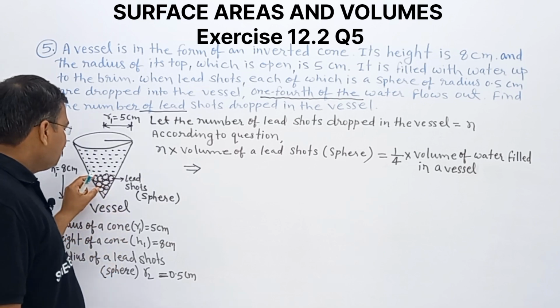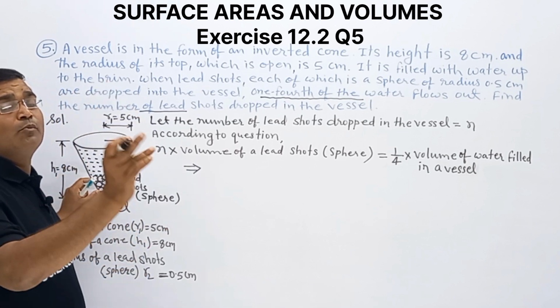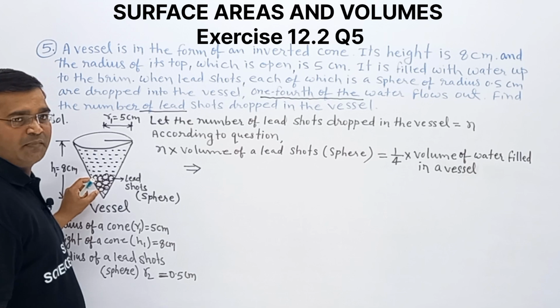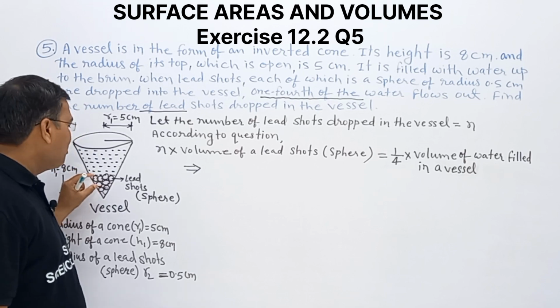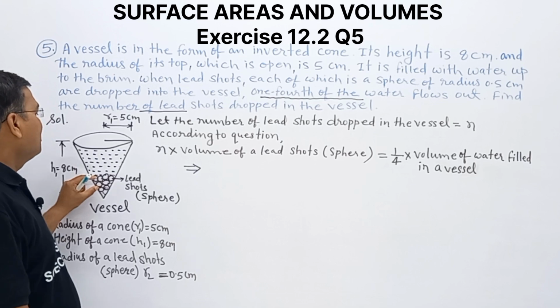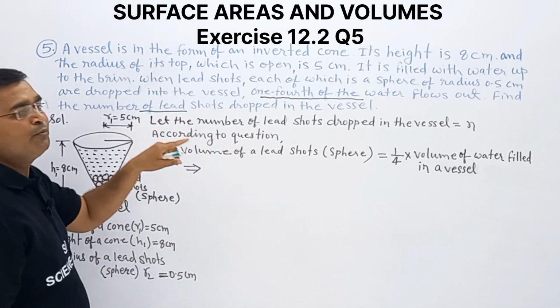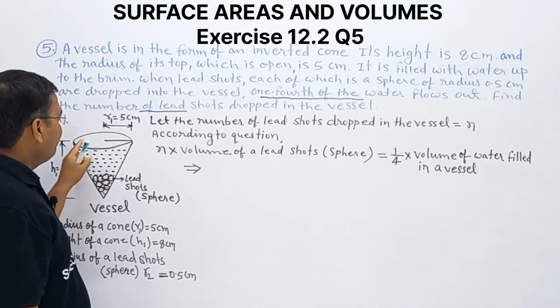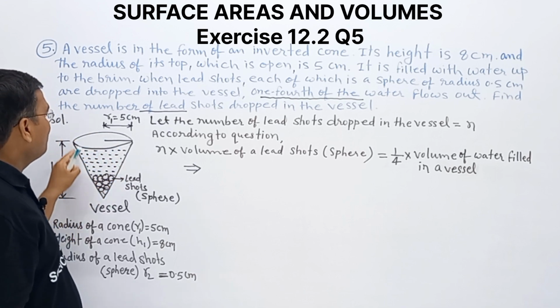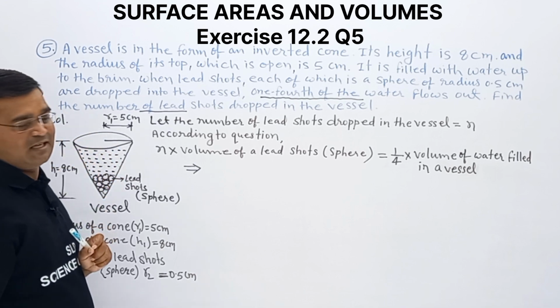And this is n times the volume of one lead shot. This total volume of the lead shots equals one fourth of the volume of water filled in this vessel.